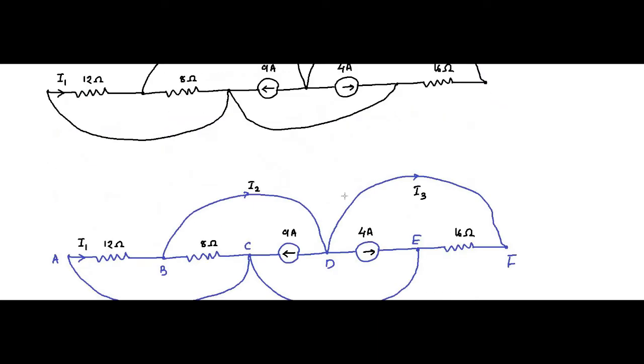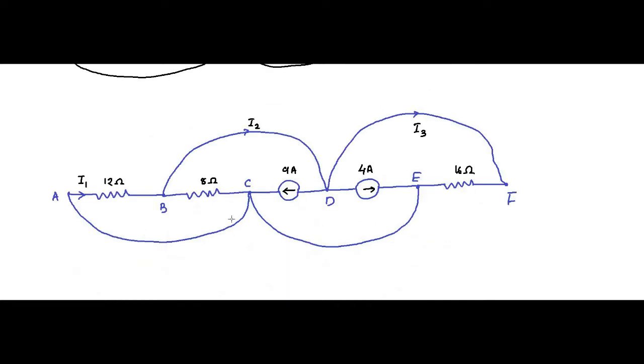Here we have redrawn the circuit, and we have named each node so that it will be easier to identify when we apply a particular loop or KCL equation. We can identify the nodes A, B, C, D, E, F. First let us assign the branch currents.